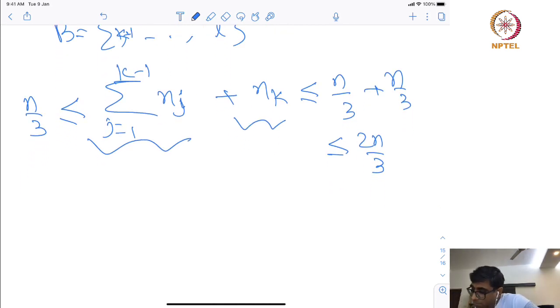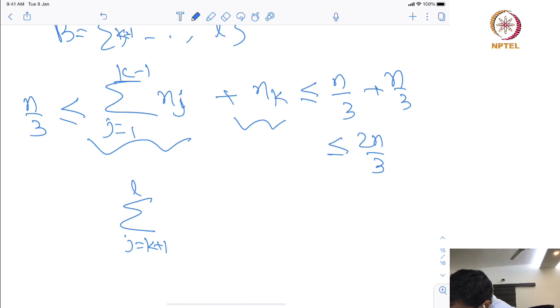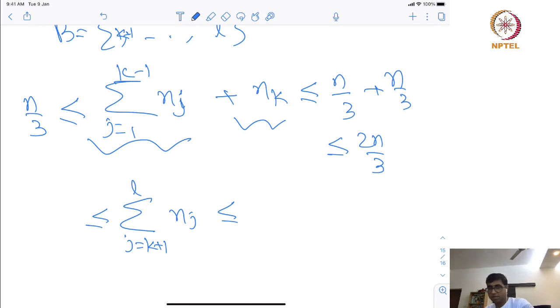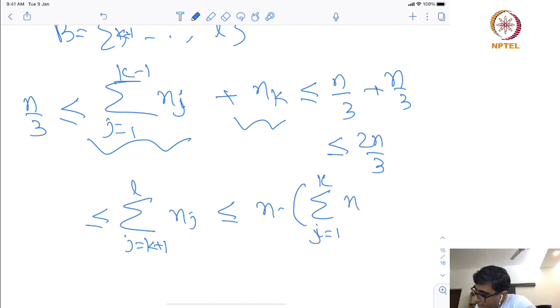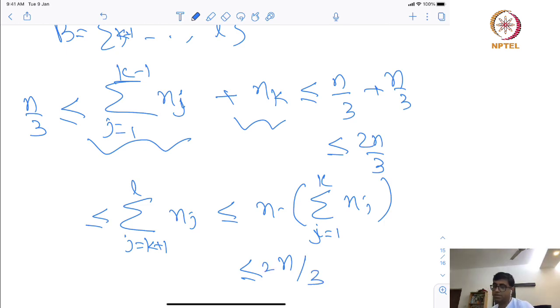Okay. What about B? Well, let's look at this. It is the summation j going from k plus 1 to L of nj. What is this? Well, since the sum in A is at least n by 3, it is n minus the summation j going from 1 to k of nj, which is at most 2n by 3, because the sum in A is at least n by 3.